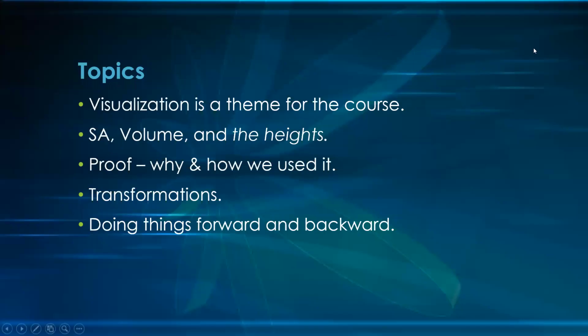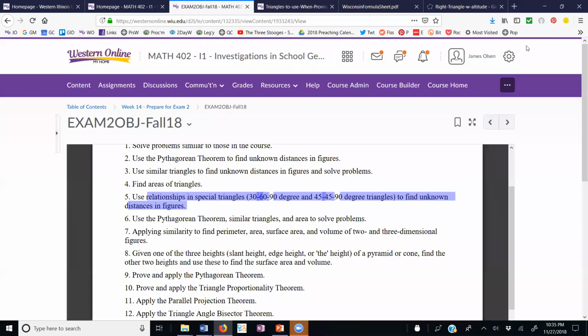And the last quick comment I wanted to make is the idea of doing things forward and backward. An example of this would be the 30, 60, 90 triangle and the 45, 45, 90 triangle.